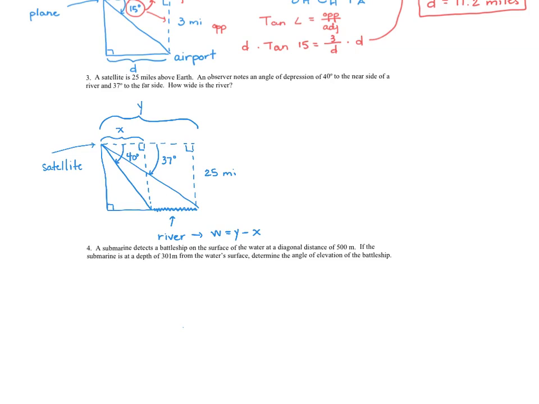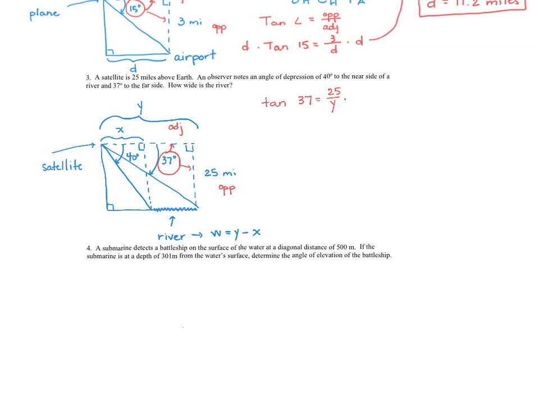So I'm just going to do the same process twice. So if I start with the far side of the river, so working with this 37 degrees, I have opposite. I'm looking for adjacent. That trig function again is tangent. So I have tangent of 37 equals 25 over y.